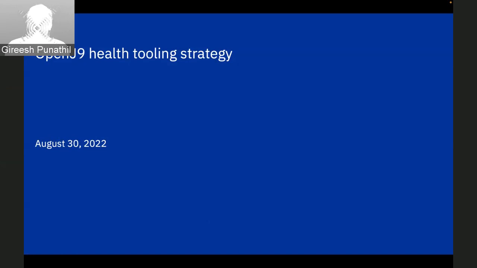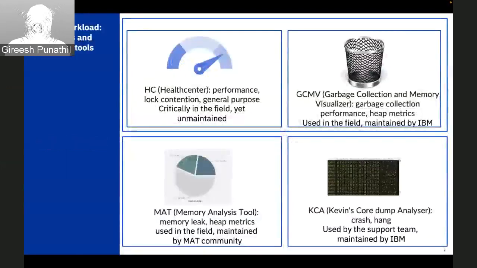I'm hopeful to continue this discussion and evolve to a reasonable, robust decision around this and come back to this forum once again once we have that in place. A quick background on diagnostics and monitoring tools that are largely used in the OpenJ9 workloads.